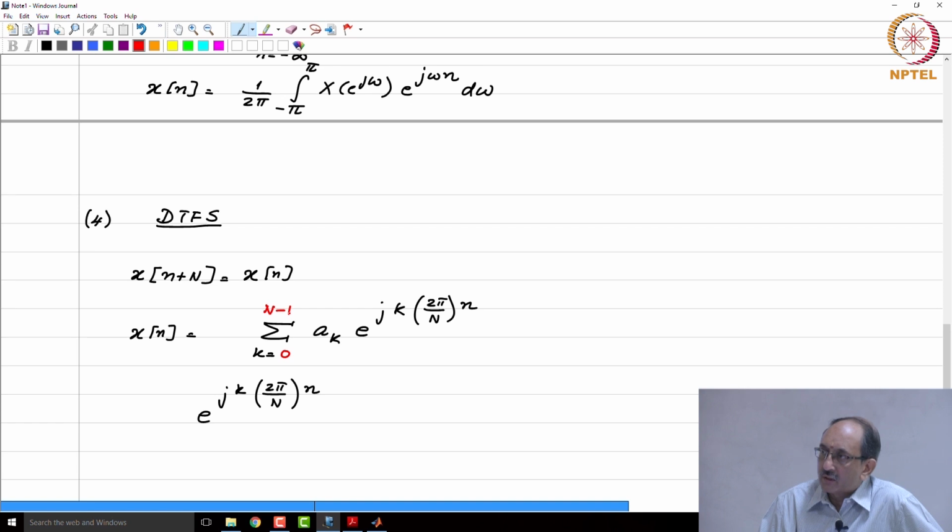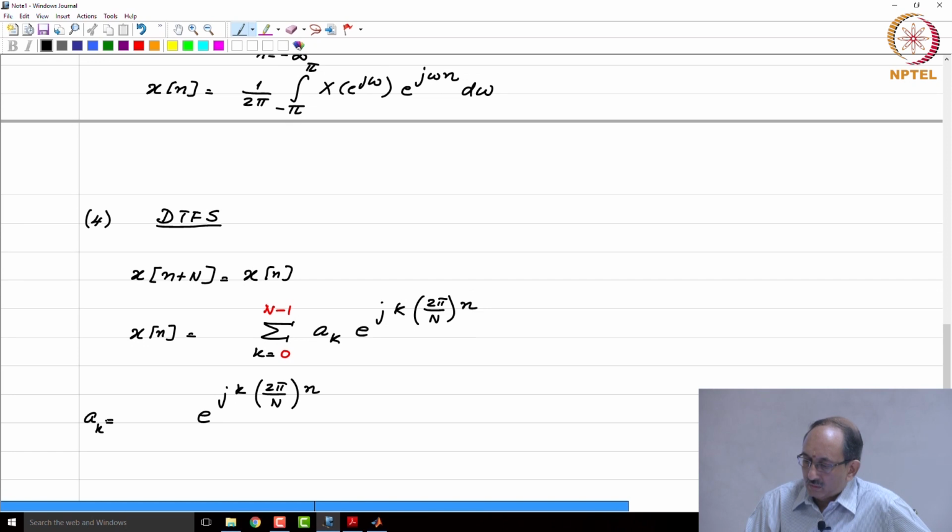Any value of k outside this interval will give you the same basis function. Therefore, as far as DTFS is concerned, this is what the definition is. Now, you need to get hold of a_k, and you need to project the given signal onto the basis function.